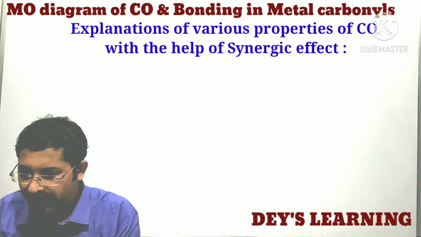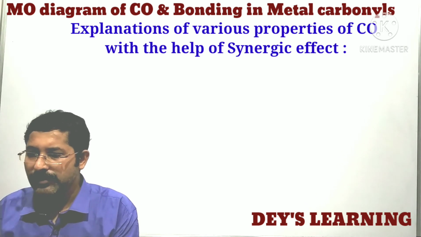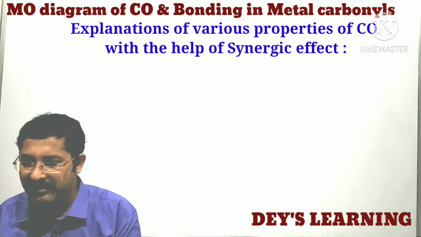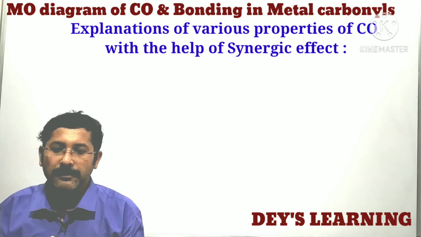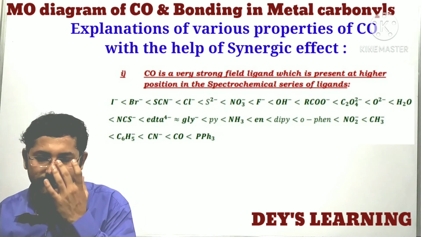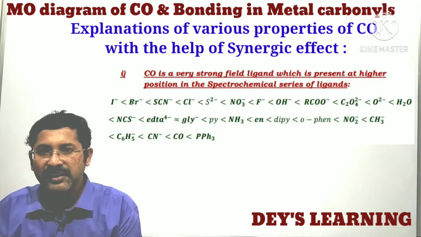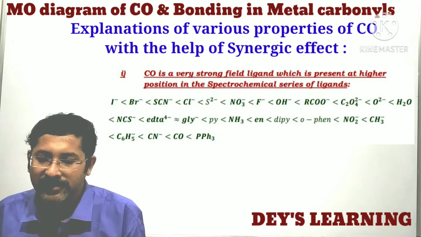So here are some explanations of various properties of carbon monoxide with the help of this synergic effect. The first one is that carbon monoxide is a very strong field ligand which is present at a very high position in the spectrochemical series of ligands.